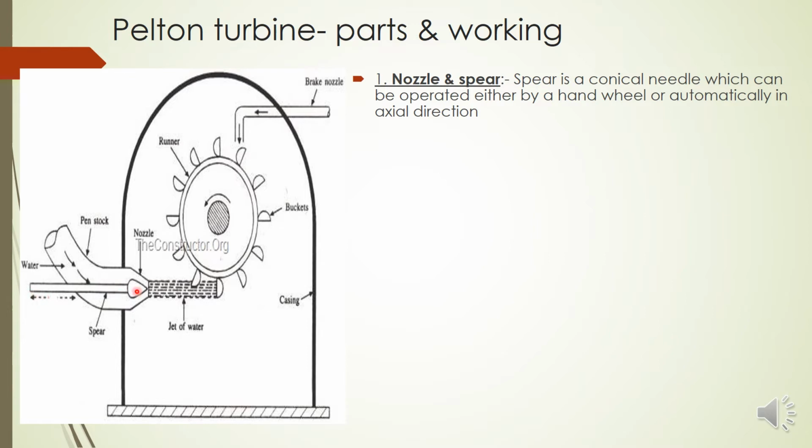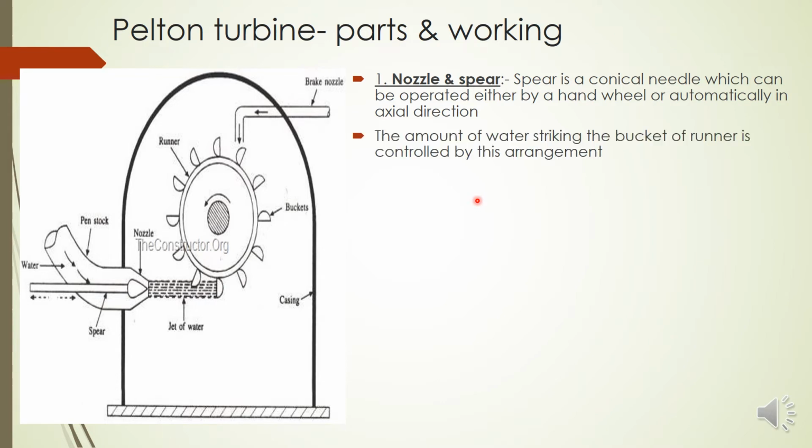It can be moved forward and backward either by a hand wheel attached here or by some automatic arrangement. That means it can move in the axial direction. Then what is it used for?